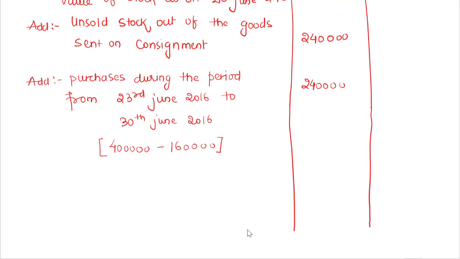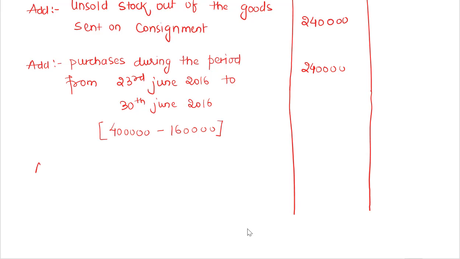Okay, so before we do this point, just write over here: add goods in transit on 30th June 2016, 1,60,000, that is goods in transit.